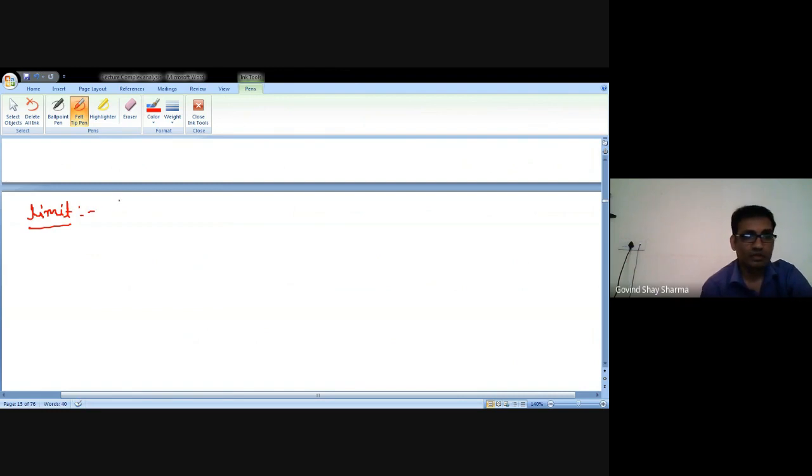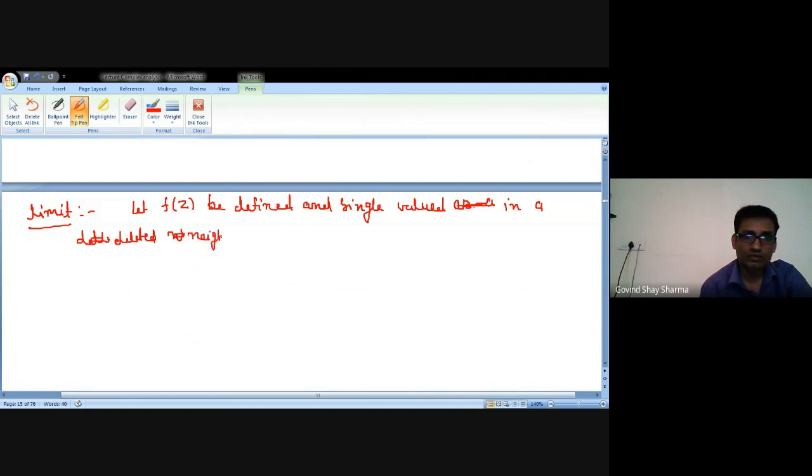Limit. Let f(z) be defined and single valued in a related neighborhood of the point z is equal to z0.